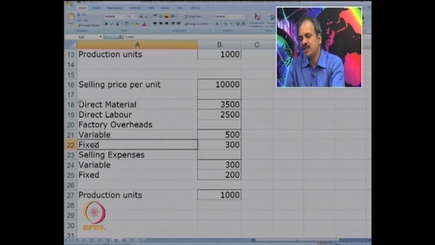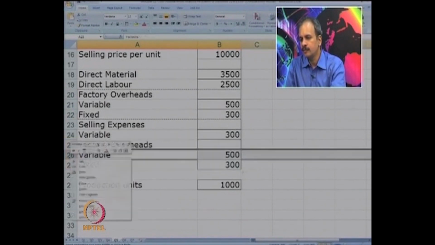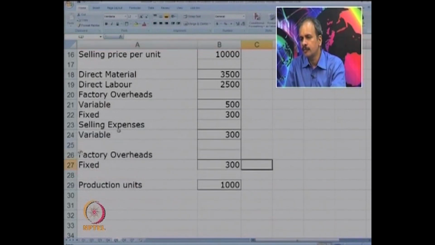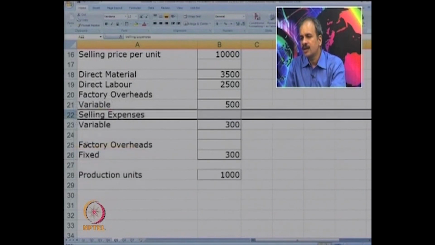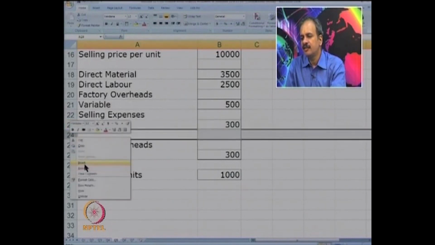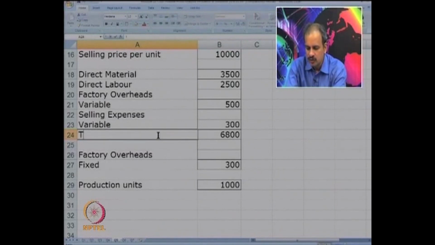So, the variable and fixed components I will take down. So now factory overheads variable are 500, selling overheads variable are 300. So we are in a position now to calculate the total variable cost per unit, which is 6800.